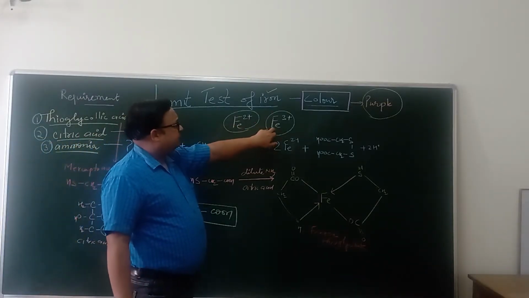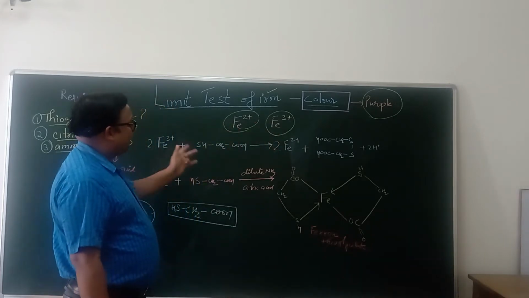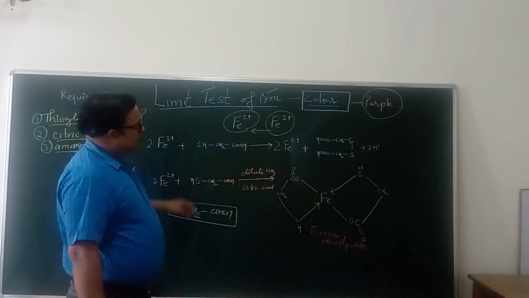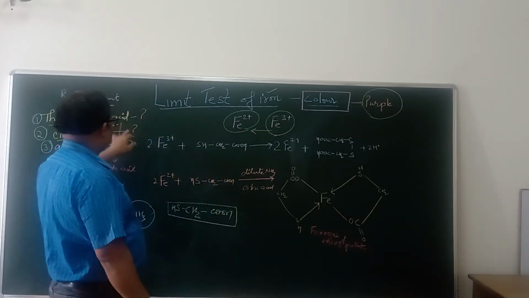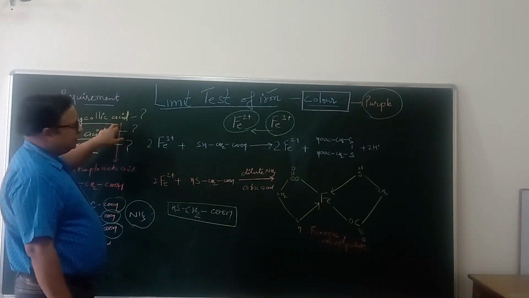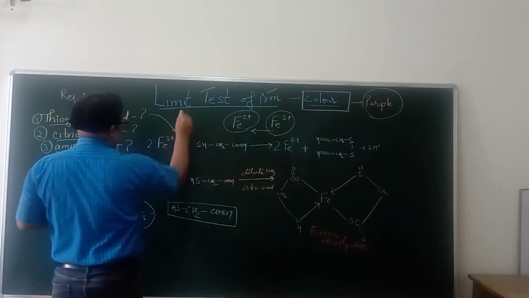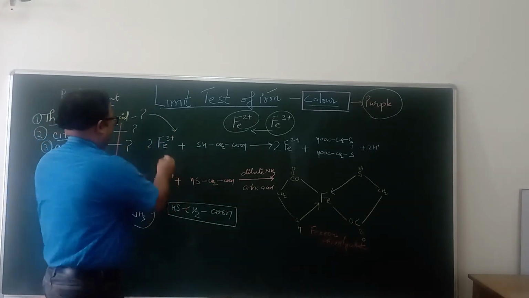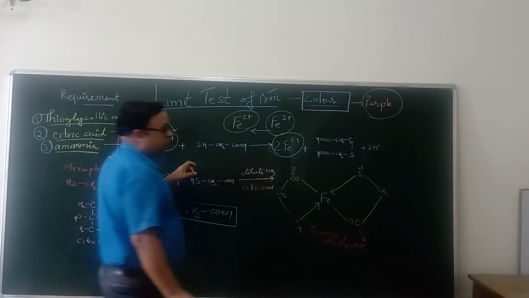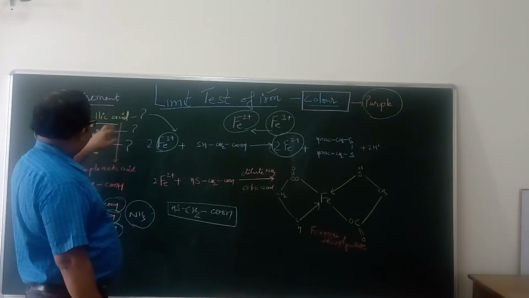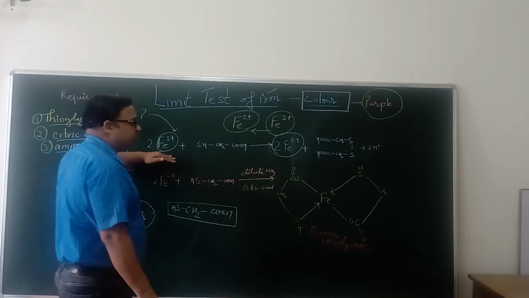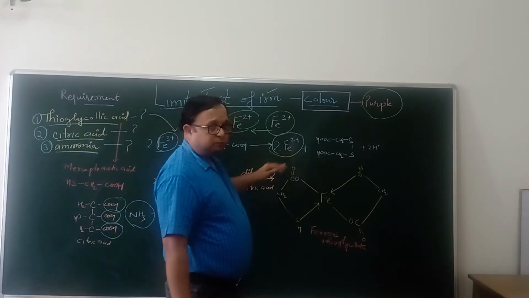But if it is present as ferric, then we have to convert ferric into ferrous, and this role is accomplished by thioglycolic acid. So this is one role of thioglycolic acid, that it reduces the ferric form into the ferrous. So my dear students, remember here, thioglycolic acid is used to reduce the ferric form of iron into the ferrous form.